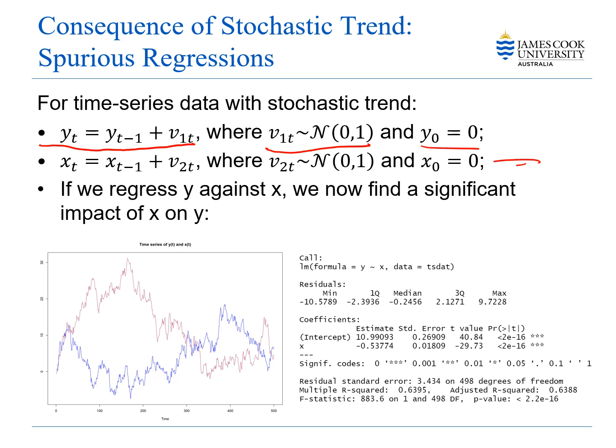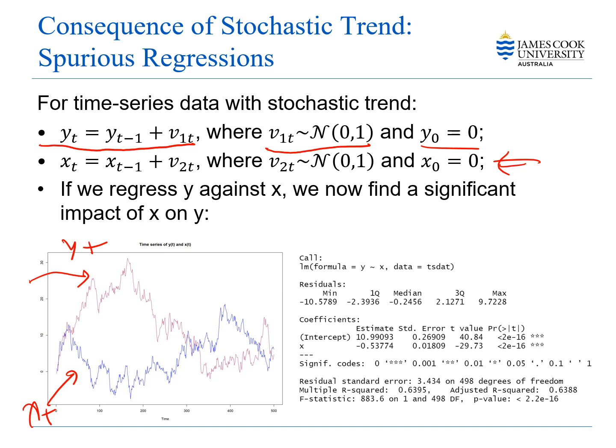Similarly for X. Okay, the red curve here is Y_t, the blue one is X_t, and since we generated this data, we know that there shouldn't be any impact from X to Y, right?